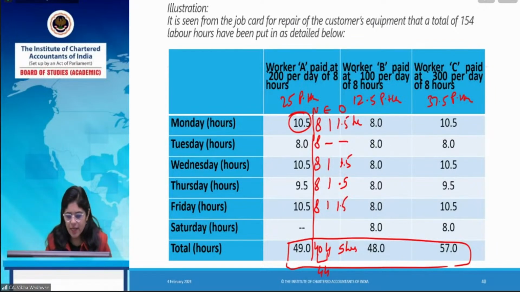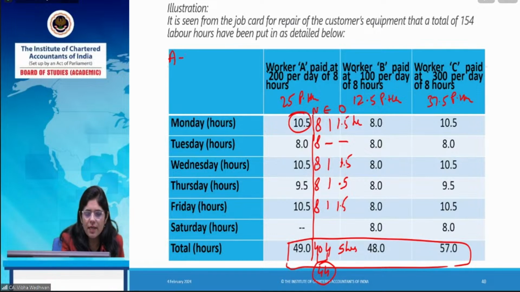So for A, 44 hours are the normal hours. He will get the normal wage rate. I'm just writing it over here. For A, the normal hours are 40 plus 4, 44. So 44 hours into the normal wage rate of 25.